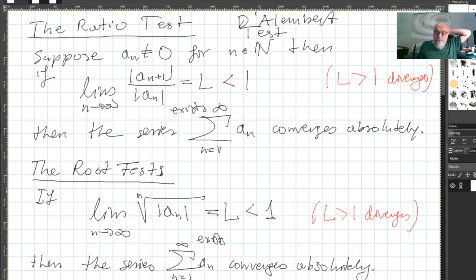And of course, if L is equal to 1, we call it inconclusive. And sometimes they just say the test failed.